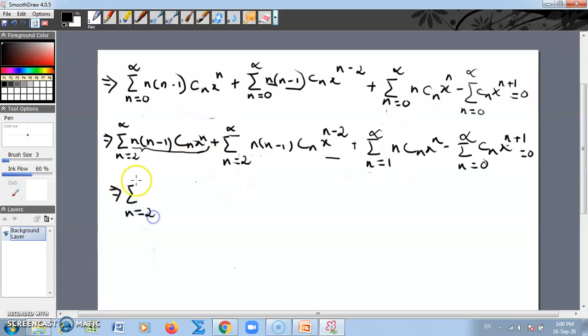So 2 to infinity n minus 1 Cn x to the power n. Now look at this. Again we come to explaining term by term: can this not be written like this?